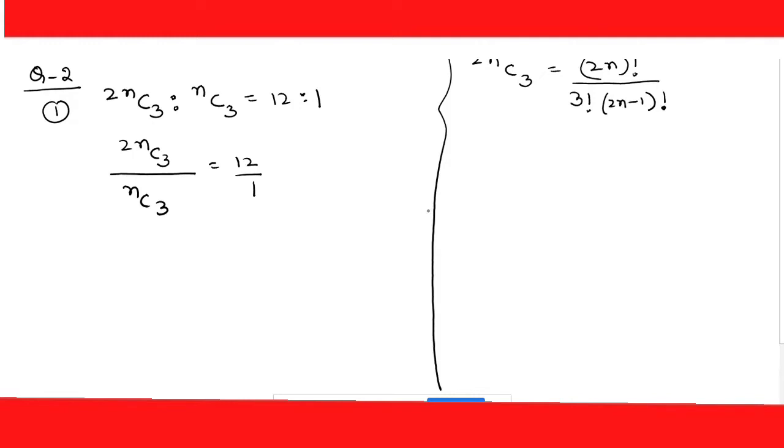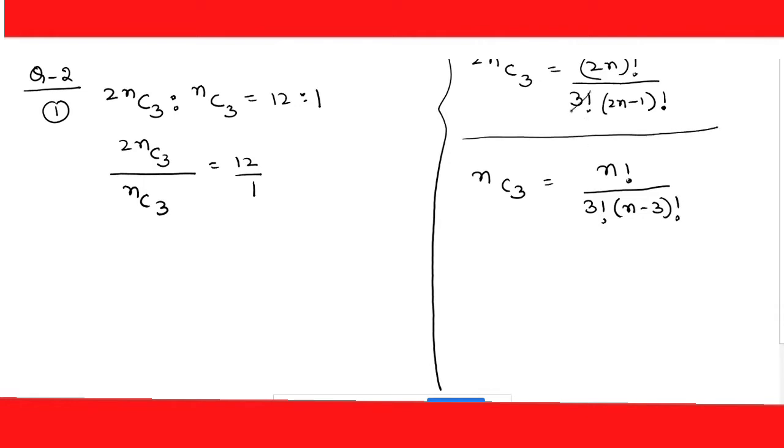Then nC3. What is the answer? Factorial n over factorial 3 times n minus 3 factorial. So when we divide them, we can see factorial 3 gets cancelled. Now, don't cut n factorial and 2.